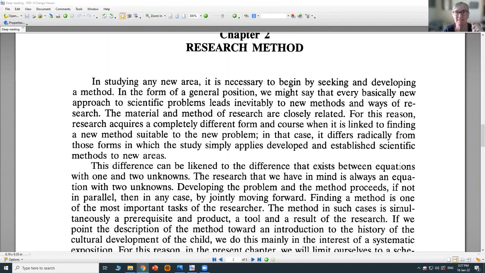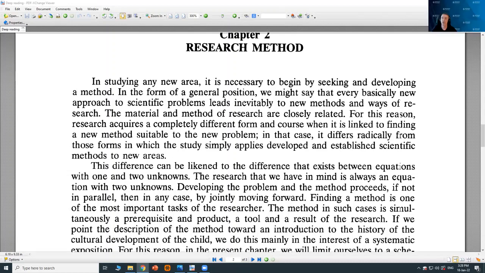And that makes me wonder about the idea that Catherine raised, that at this time in history, we're looking at things in new ways, maybe. But the other thing I'm interested in is new methods and ways of research. So it's suggesting that ways of research and methods, are they the same thing or slightly different?